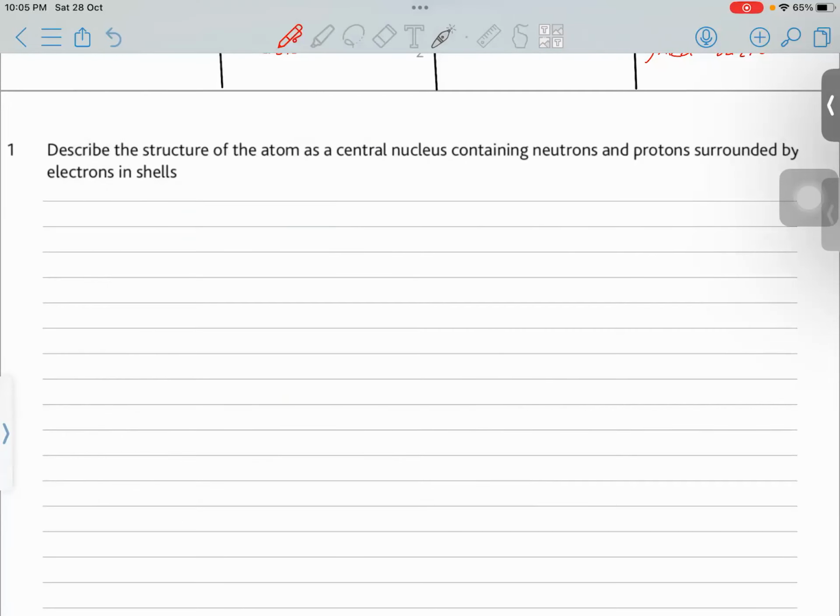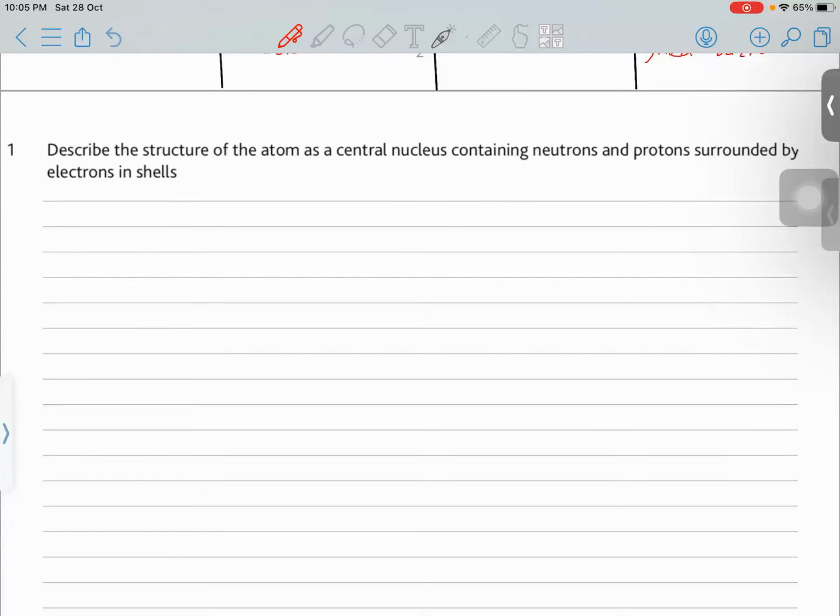Now, atom. What is atom? You know that atom is the simplest unit of any element. So first is what is atom?